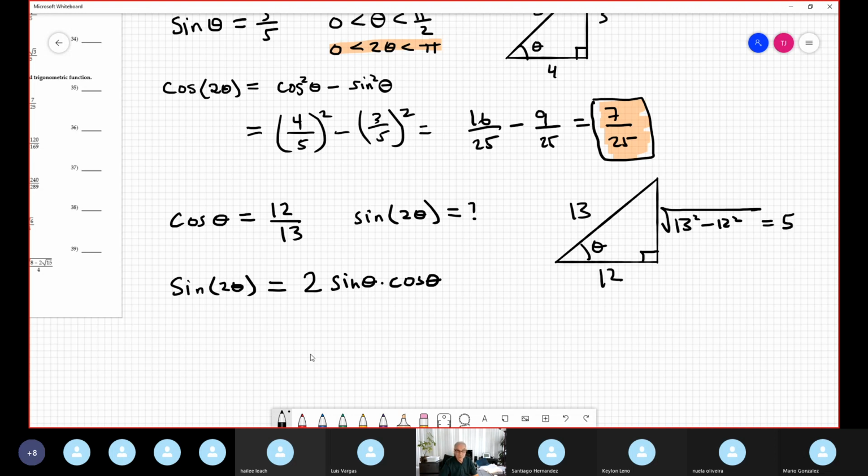Okay, now it's 2 times the sine, opposite over hypotenuse, and cosine is given, it's 12 over 13. If you multiply 2 times 5, get 10, times 12 is 120, and 13 times 13 is 169. And the answer is positive. That means that this angle also lies in the first quadrant. Super good?